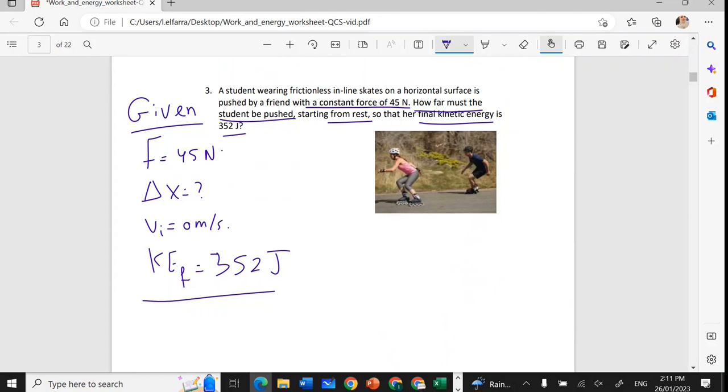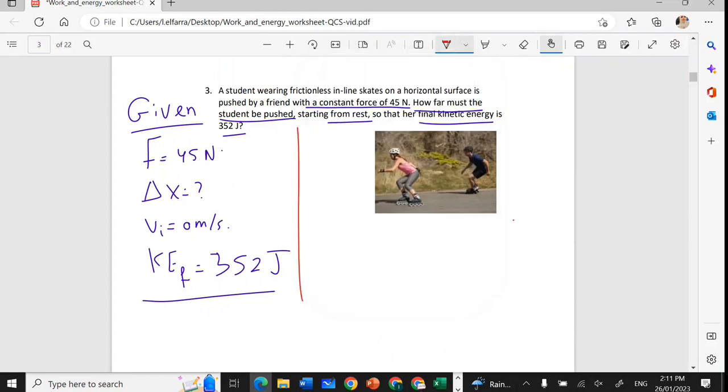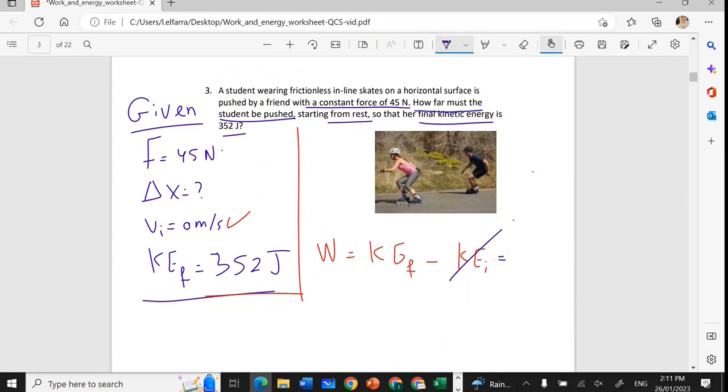So now we're going to just write the formula and substitute. Work equals kinetic energy final minus kinetic energy initial. Now, since we have initial velocity 0, the kinetic energy initial is 0. How can I find work?